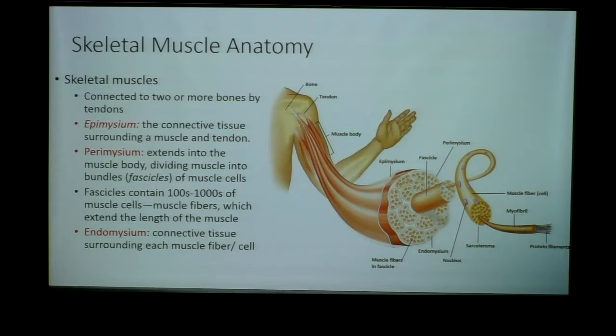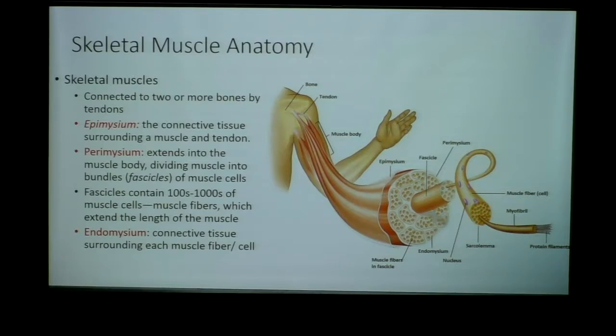Now, if we were to unwrap the epimysium and look a little bit closer, we'd see a bunch of these grouped fibers that are called muscle fascicles. And so within the muscle itself, there are these individualized groups called muscle fascicles, and they are separated by the perimysium, right? So the perimysium wraps around each of these individual fascicles.